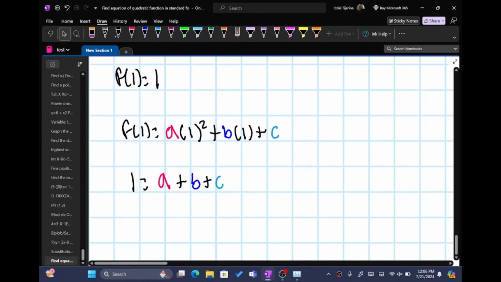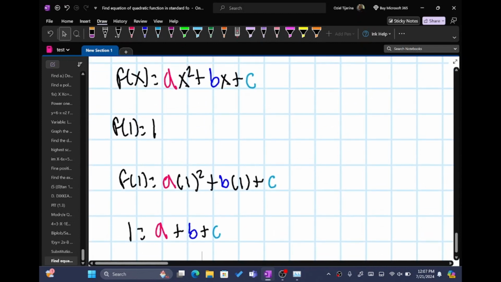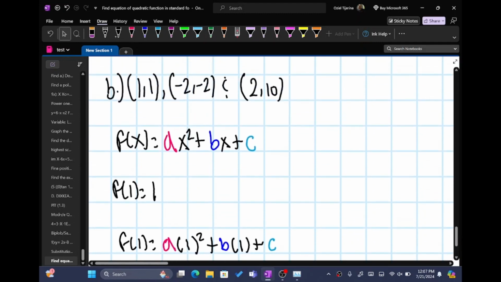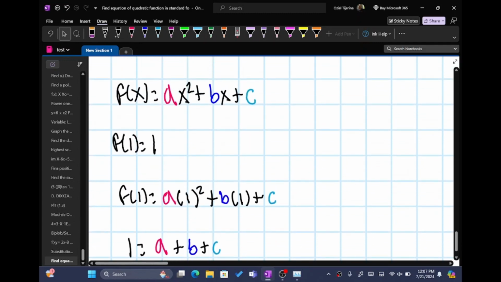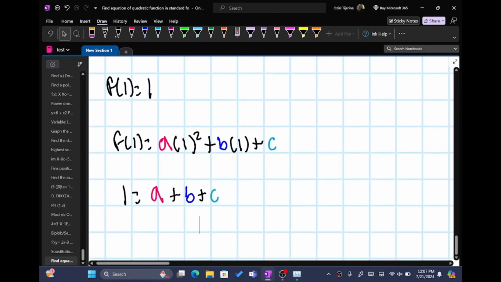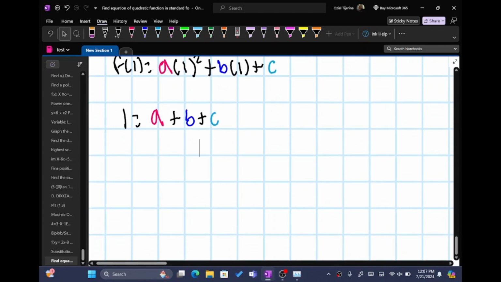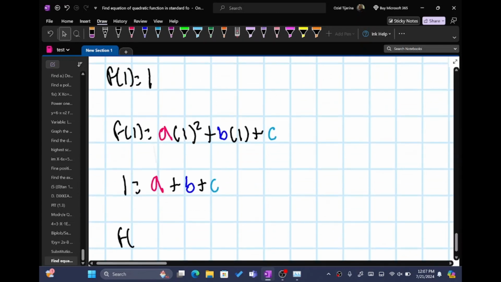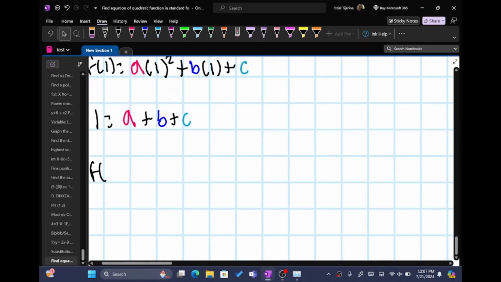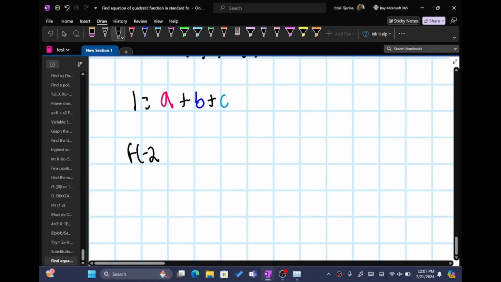So here we know that this is going to be one of the equations, right? The other one is going to be the following. So we know f of -2 is -2. So it's the same idea.